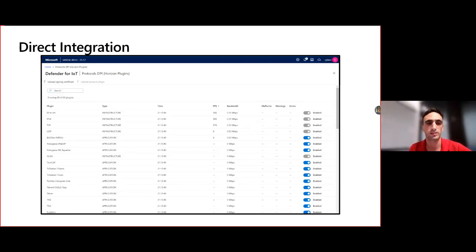So if you have a new protocol that you want to support, you can create a plugin and just upload it to your sensor. And here you can see how many packets per second each protocol is communicated in, and what the bandwidth is. You might be surprised to see that a protocol that isn't significant for your operations is using a lot of the bandwidth and might be congesting the network. That's something that you might want to look into.